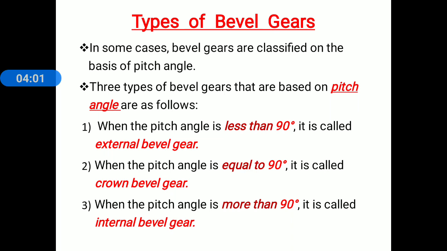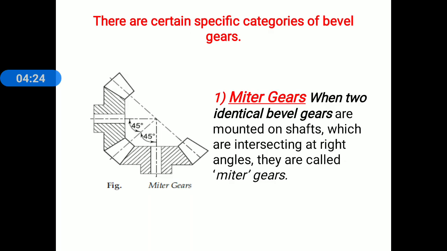If the pitch angle is less than 90 degrees, external bevel gear; pitch angle equal to 90 degrees, crown bevel gear; and pitch angle greater than 90 degrees, internal bevel gear. Okay, a one mark question is asked on this in MCQ, multiple choice questions, in examination.